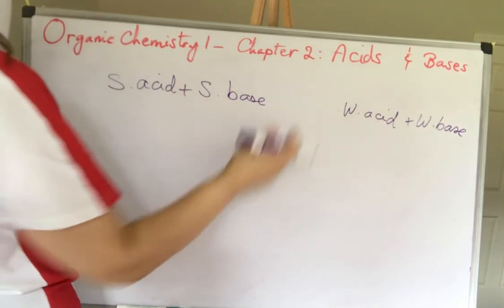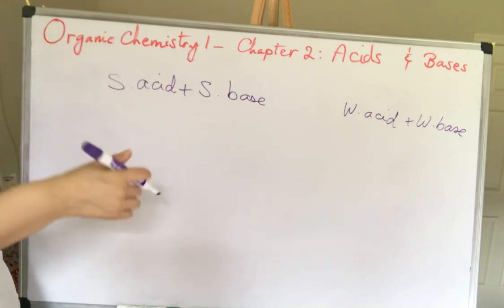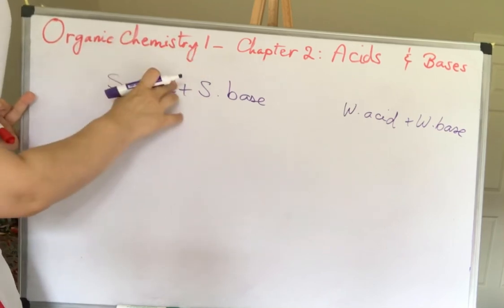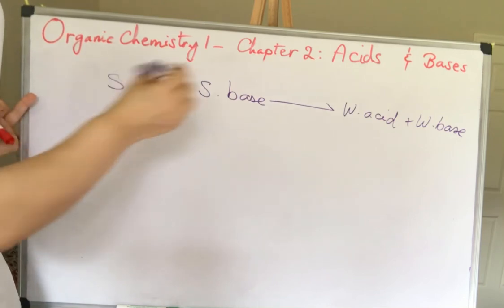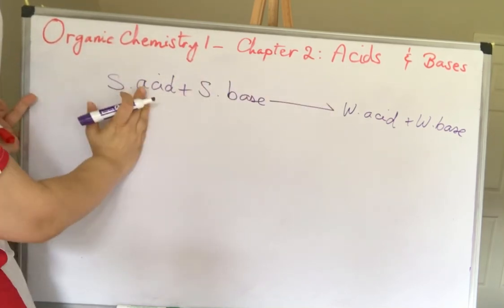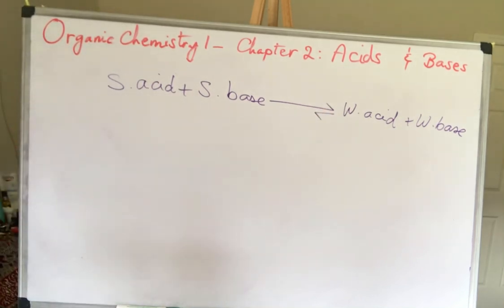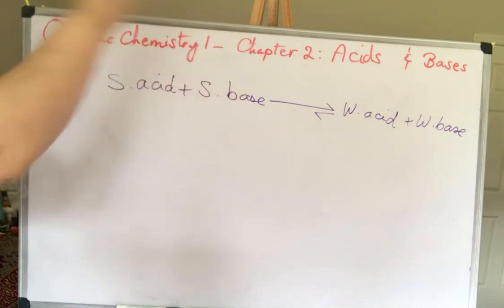We determine the acidic and basic properties based on what we just learned, or from Ka and Kb values. So the reaction always goes from the stronger side to the weaker side. Most of the reaction goes from strong to weak. Maybe a little bit goes back, but the reaction always goes from the stronger side to the weaker side, and it should make sense because the stronger acids and bases can dissociate, can ionize, to the weaker.